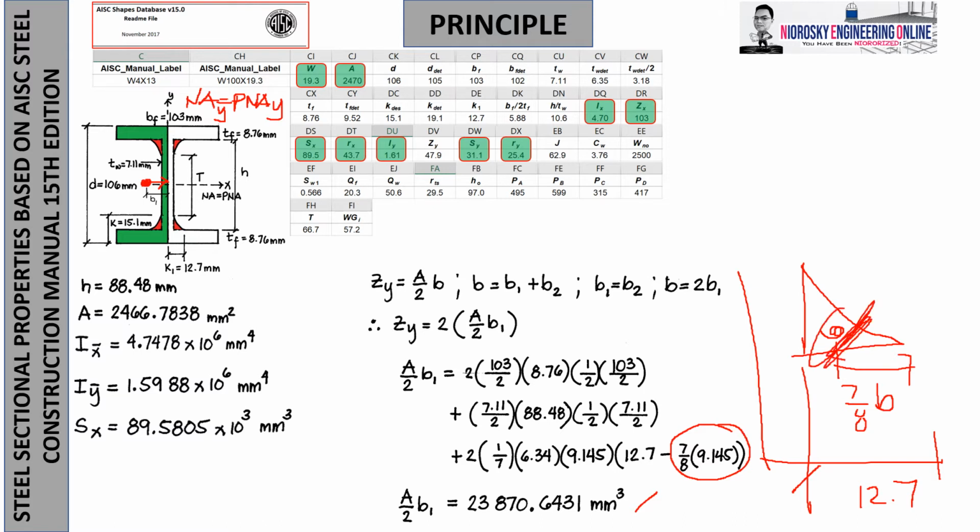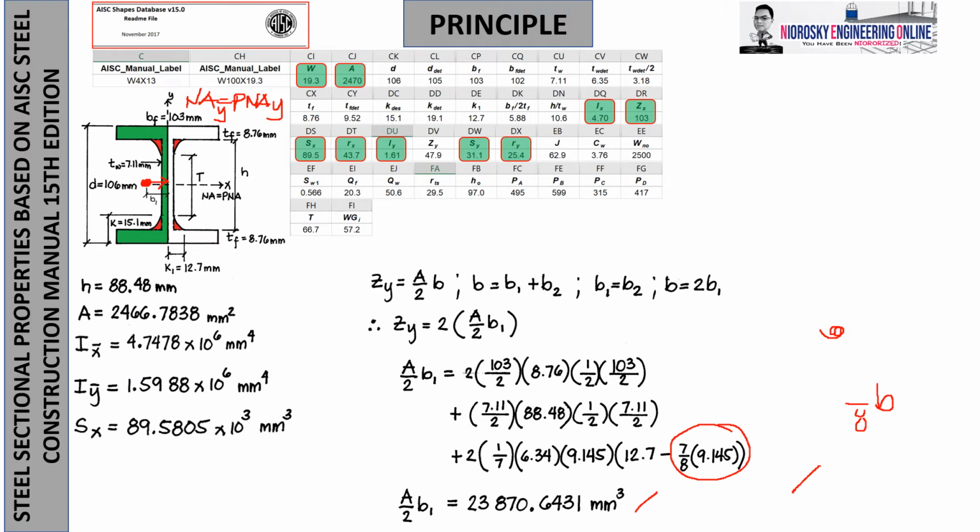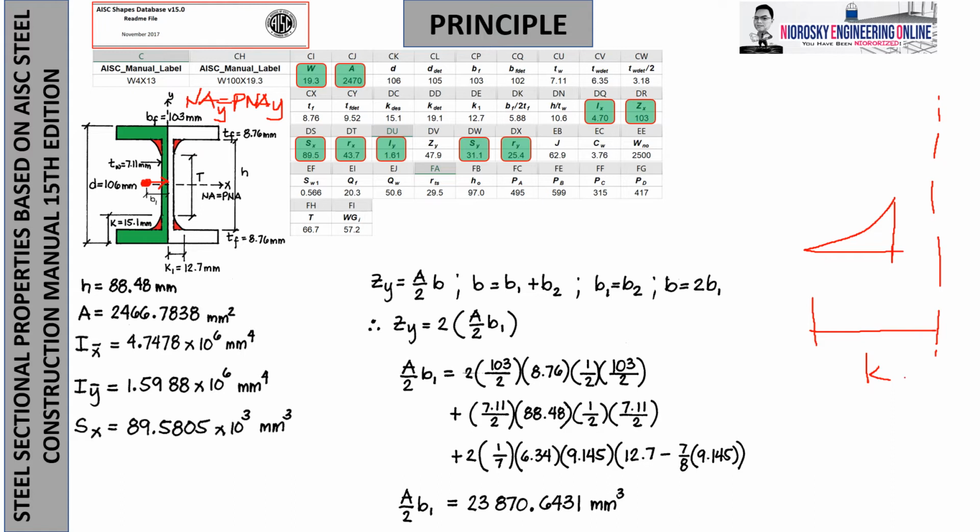Now, I want you to notice this is the conceptualization. It is facing here, and the middle is here. So therefore, you have a value here of k sub 1. Then subtract it from the base B, which is 7/8. There are two of them, so times 2, because of the top and bottom.